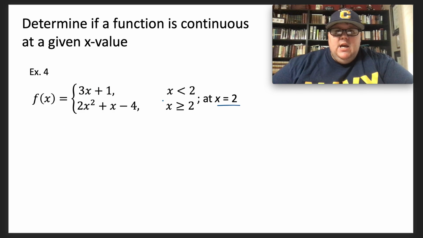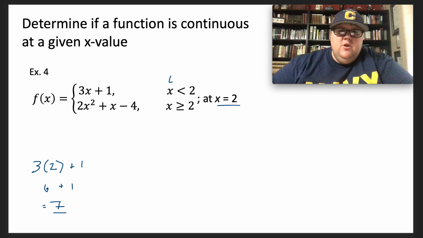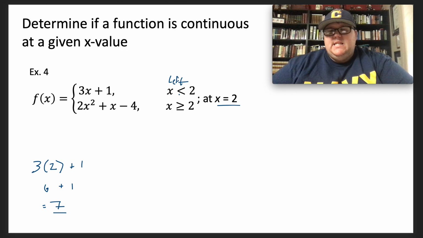So I'm going to plug 2 in here. 3 times 2 plus 1 is 6 plus 1, which is 7. So on the left side, where x is less than 2, I'm approaching 7 on my y-axis.